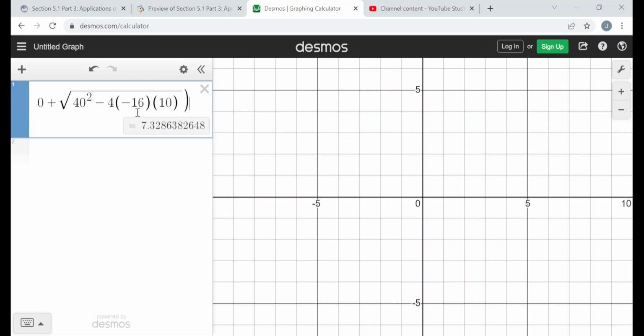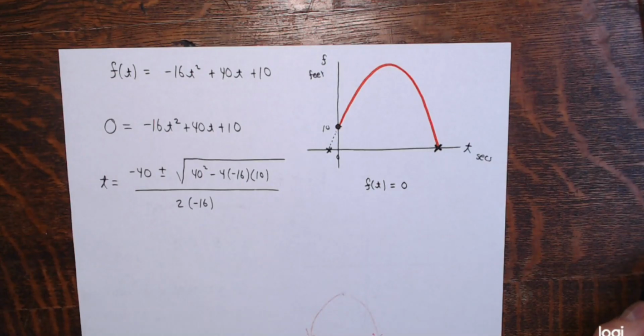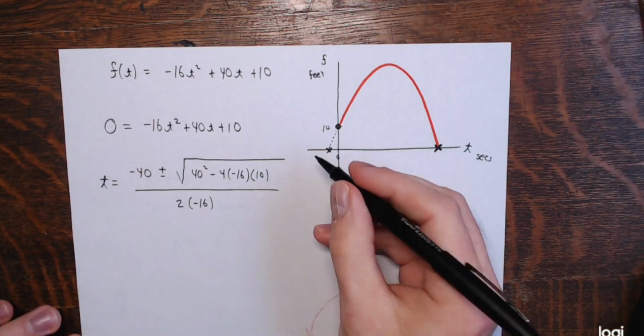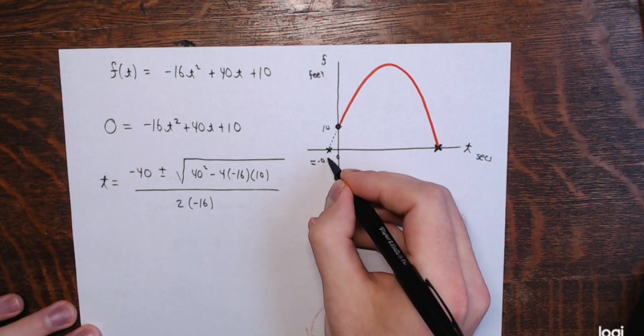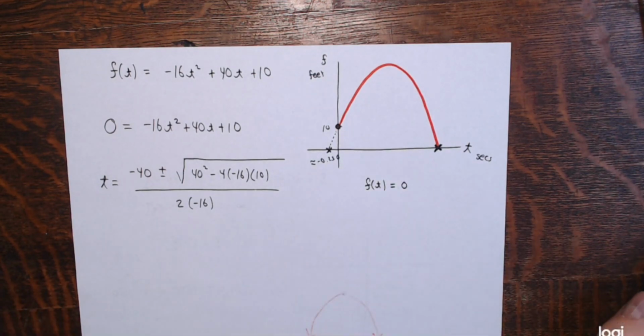And then all of this divided by negative 32. Right, so that's a negative answer. Negative 0.23 if I was rounding to 2 decimal places. So that would be this value over here. Approximately negative 0.23 seconds. But again, it's negative. That doesn't make any sense with the launching of a ball.